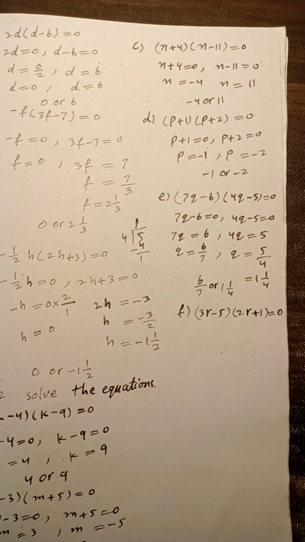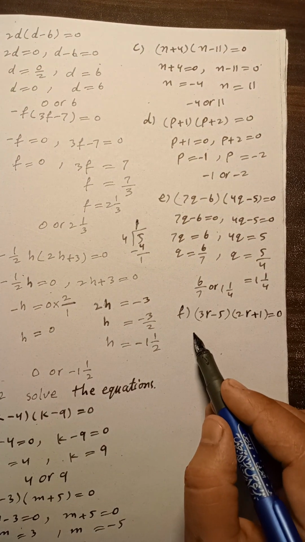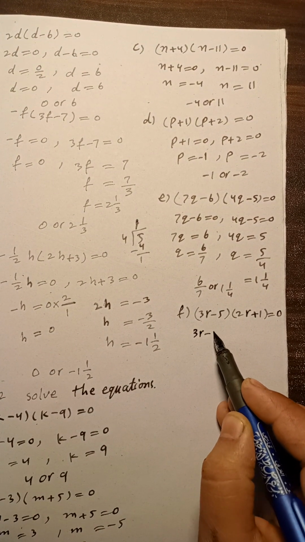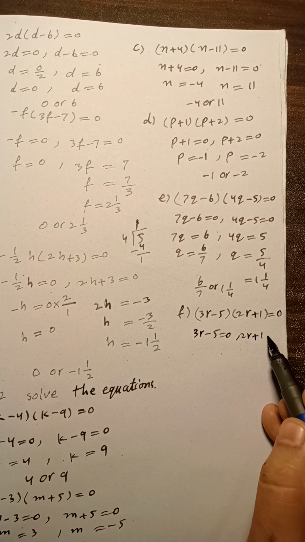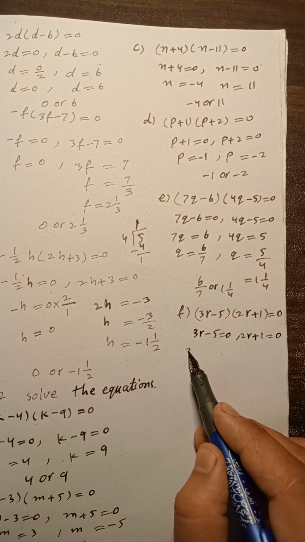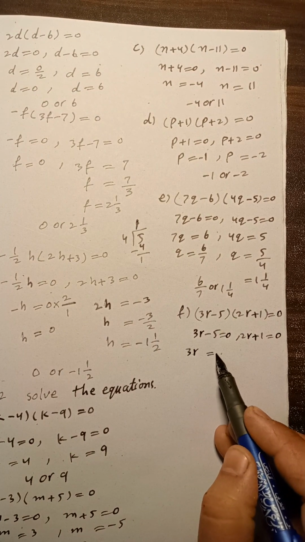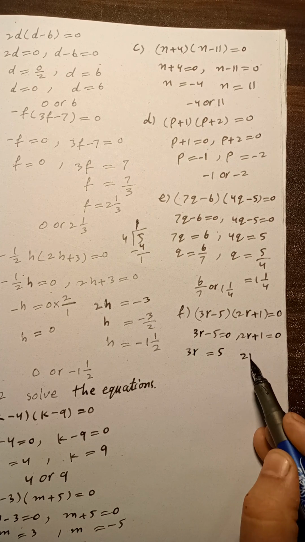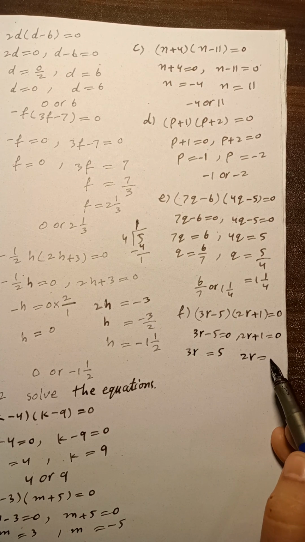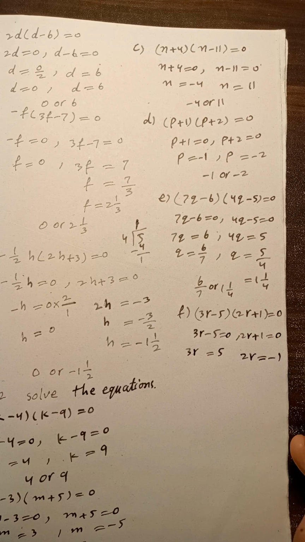C F part, 3r minus 5 is equal to 0 and 2r plus 1 is equal to 0. Now 3r will remain here and minus 5 will become plus 5, and 2r will remain here and plus 1 will become minus 1 on the other side.